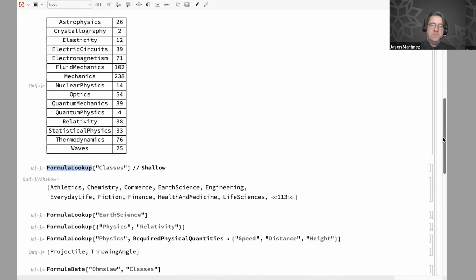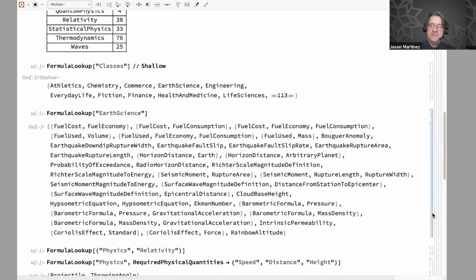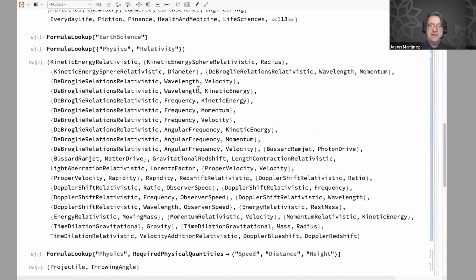And so you can use formula lookup to find these formulas, to find all the classes, or if you query for a specific case, all the different formulas that fall within that category. Some of these are a list, and those are referring to a category and a subcategory.